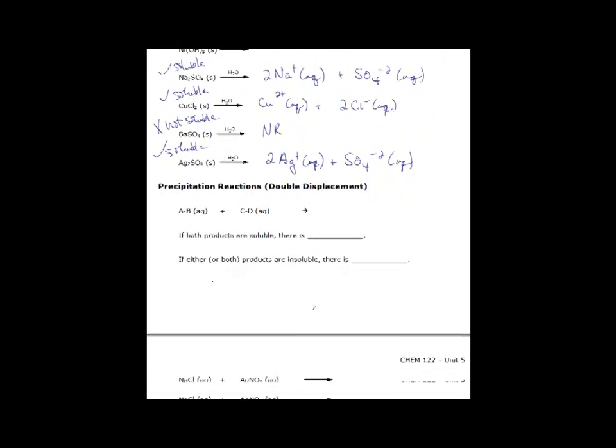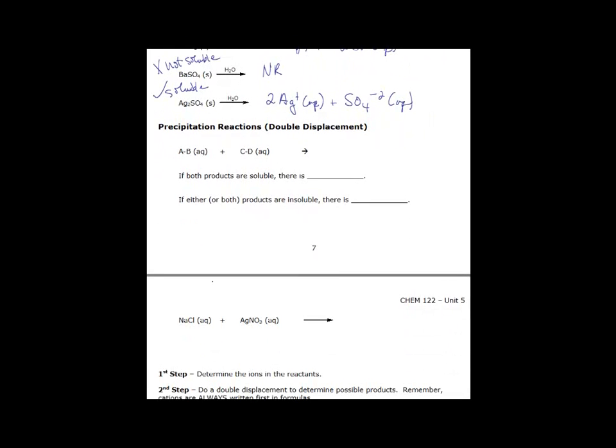Now the other type of reaction that we're going to apply our solubility rules to is precipitation reactions. So also known as double displacement. And the way I like to present double displacement reactions is you have 2 couples dancing and then they switch partners.